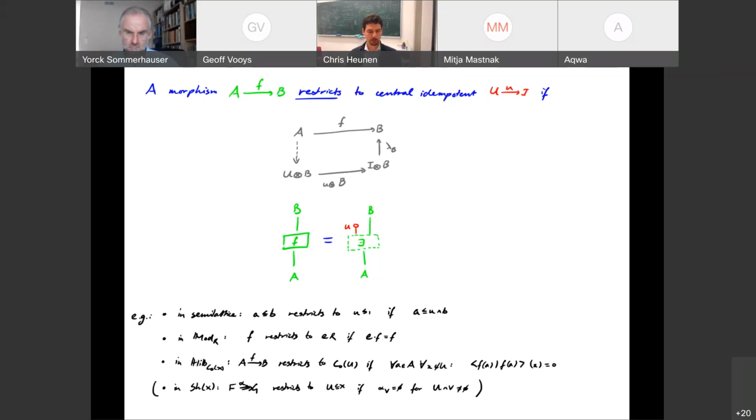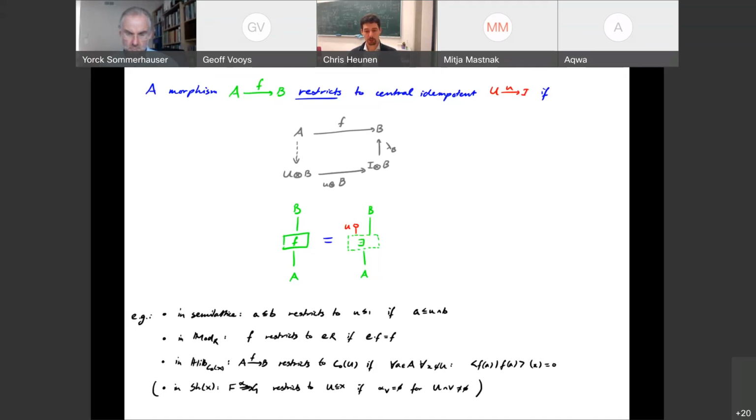In some examples that we saw, for a semilattice, A is less than or equal to B. The unique morphism from A to B restricts to U if and only if A is below U meet B. In the category of modules over R, F restricts to a central idempotent E times R exactly when E times F is F. So E is a scalar here.